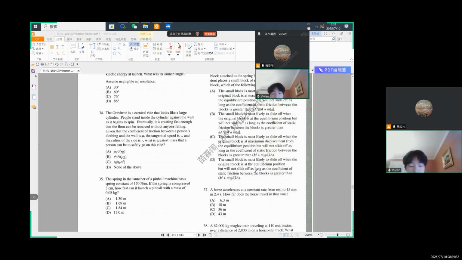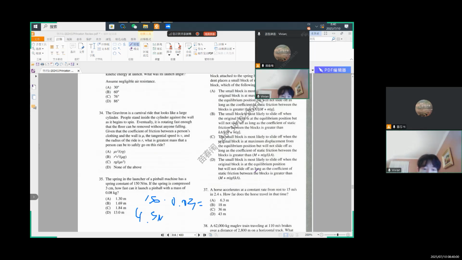Okay. 150 times that's 3 centimeters. So 0.03 equals, that's 4.5 newtons.